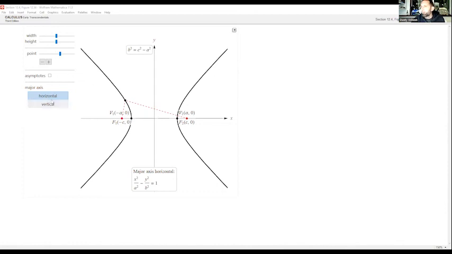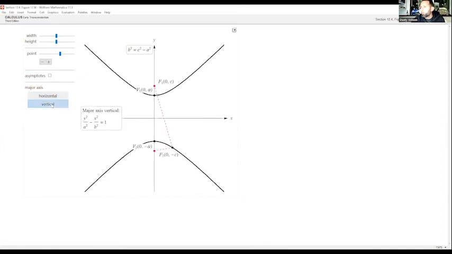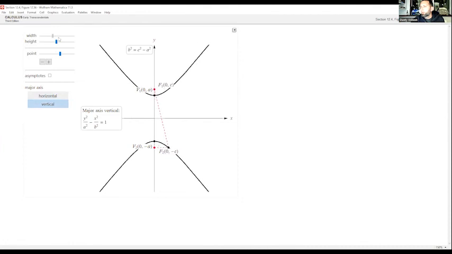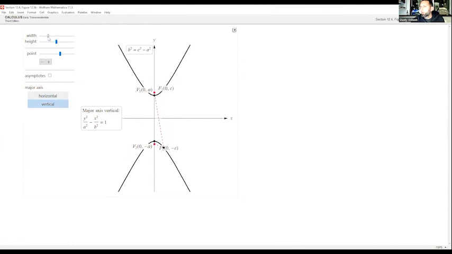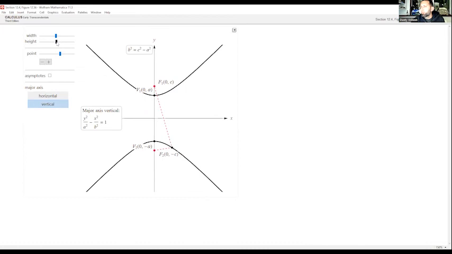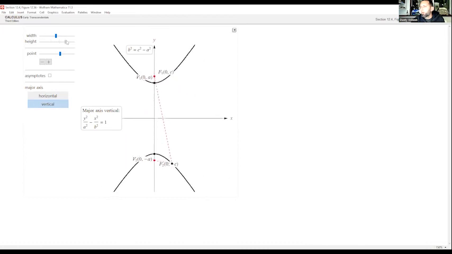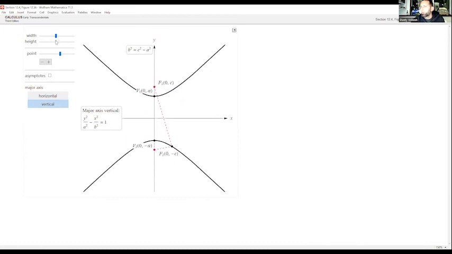So we can have horizontal hyperbolas, we can have vertical hyperbolas. They can be wider or narrower. You can also adjust how high or low they are, as in where those focal points are. And you'll notice that there are asymptotes that the hyperbolas are approaching. If you ever want to sketch a hyperbola, it's not too difficult to do so.